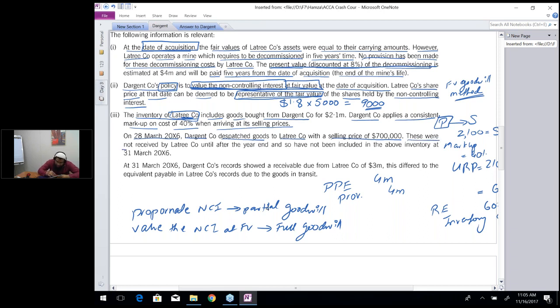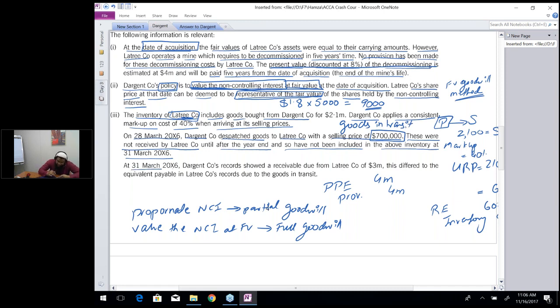And these were not received by the subsidiary company until after the year end, so they have not been included in the above inventory at 31st March 2006. So the subsidiary has actually purchased 700,000 of the goods, but has not yet received them. So this is a case of goods in transit.